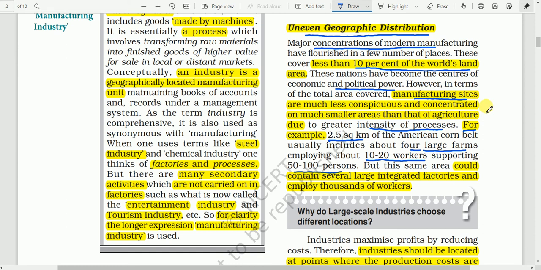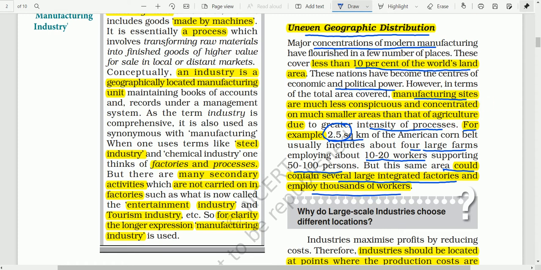2.5 square kilometer of this American corn belt, that is agricultural field, includes about 4 large farms employing only about 10 to 20 workers, supporting 50 to 100 persons only. But this same area, 2.5 square kilometer, could contain several large integrated factories and employ thousands of workers.